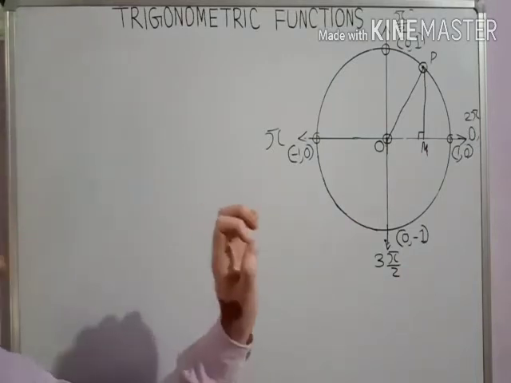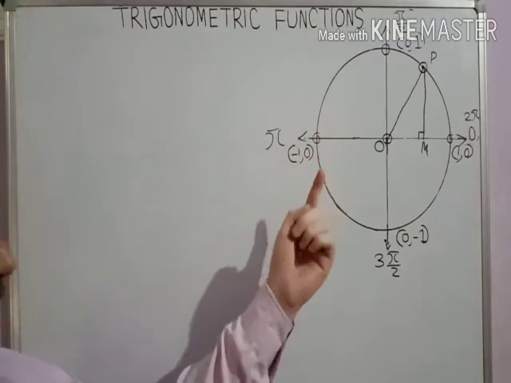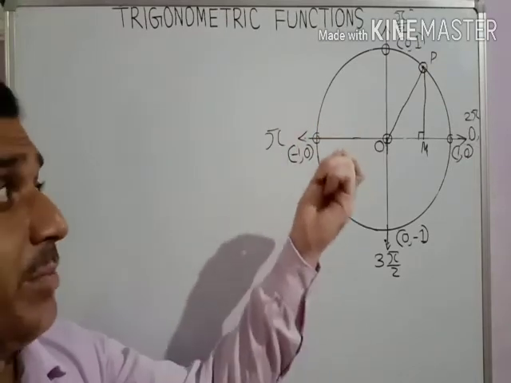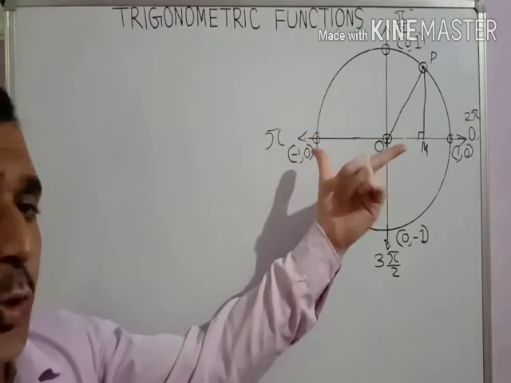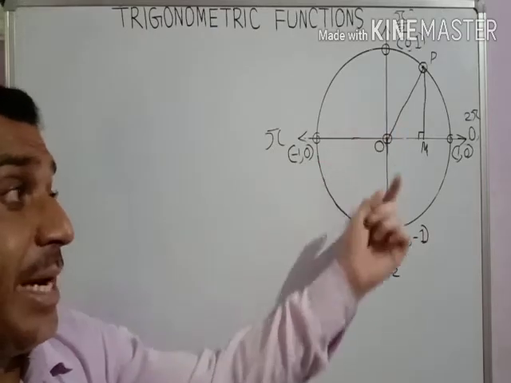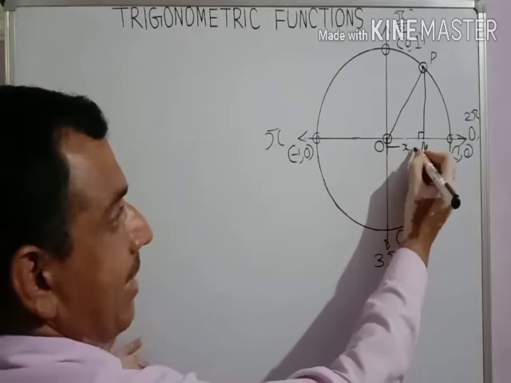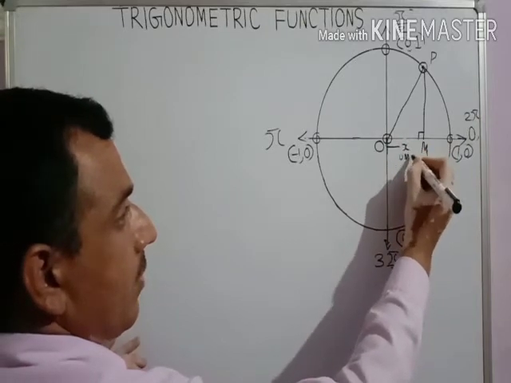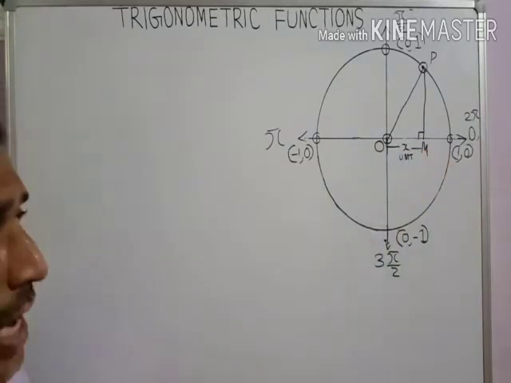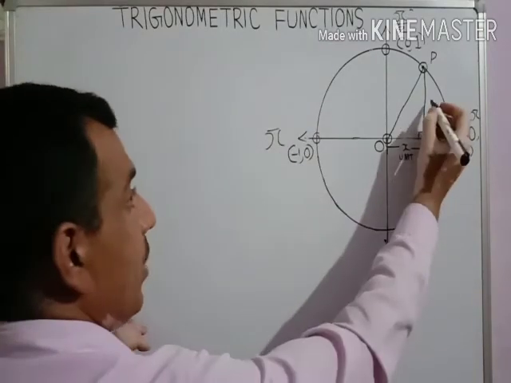What I have done, I repeat my steps. I have taken point P on the circle, joined O to P, and taken a perpendicular from point P on the x-axis. This PM is the perpendicular. Suppose OM equals x unit and PM equals y unit.